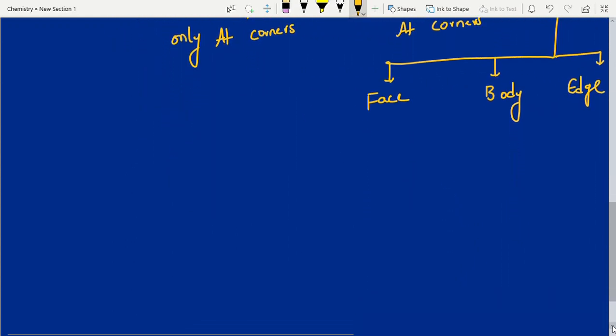Now, finally, tell me students, how many types of unit cells? 4. Here this is 1 primitive and these are 3 finally.